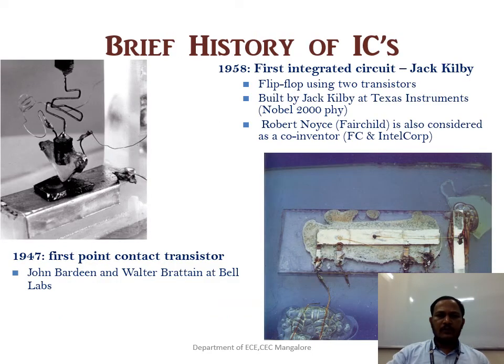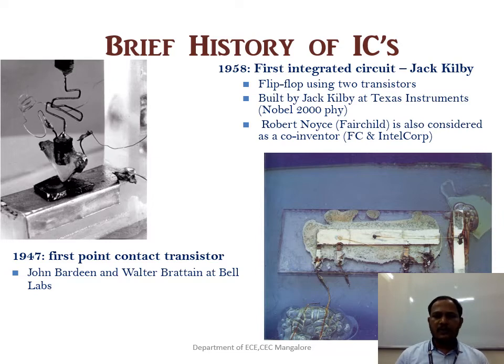Now we'll discuss the history of the integrated circuit. The main backbone of an integrated circuit is the transistor. You can make anything using a transistor: an amplifier, a switch, or whatever application you require, either digital or analog circuit.